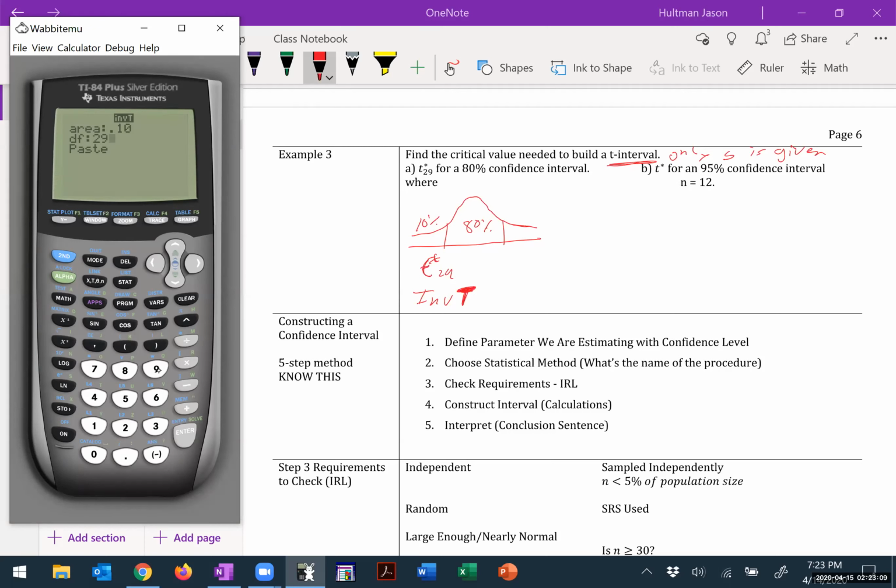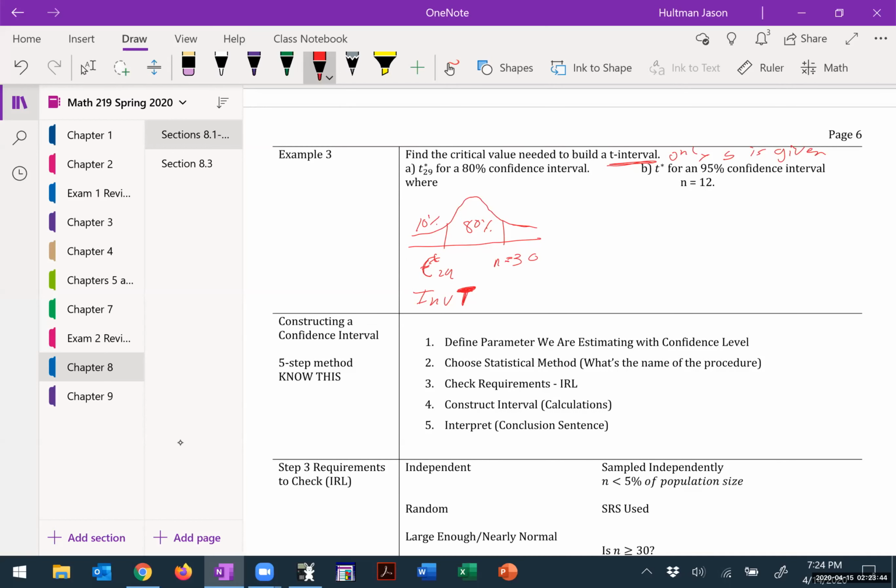But don't we subtract a 1? No, not when it's the subscript for t. It's already been subtracted. Oh, okay. So the degrees of freedom here is 29 because it's already been taken into account. And then I hit paste. So 29 is the degrees of freedom, n would be 30.